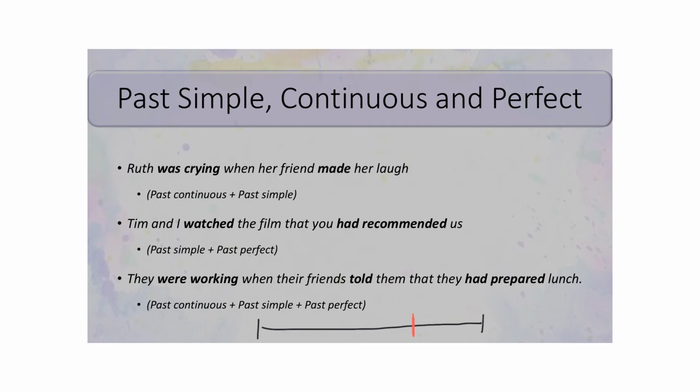So this is an action that happened and finished. And then we have they had prepared lunch. That is an action that happened before this one. So we have the older action and the most recent action. So here is where they told their friends something, and this something is that they had prepared lunch before.